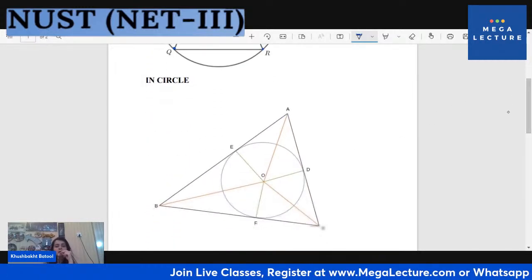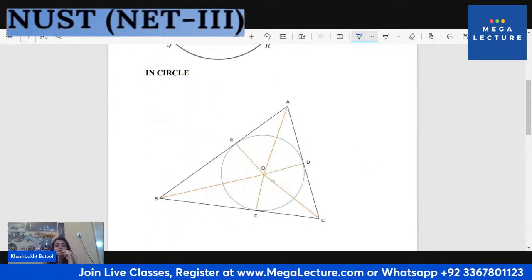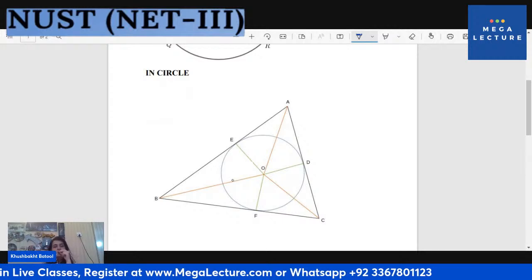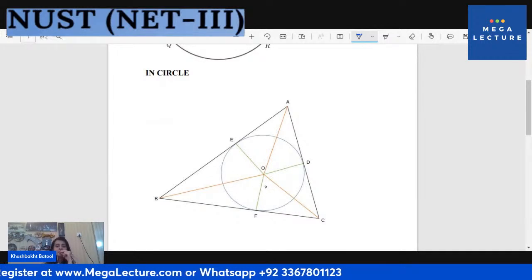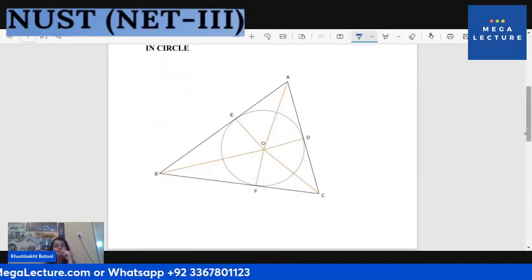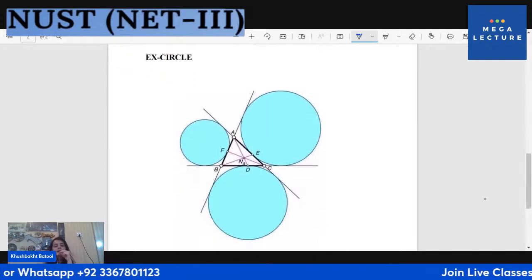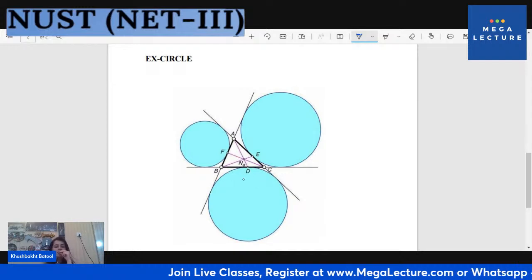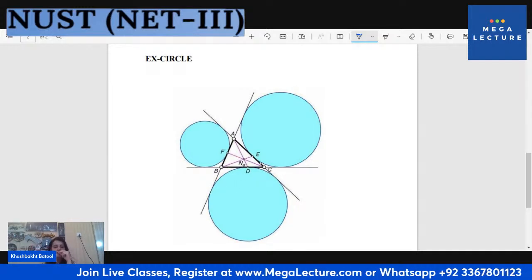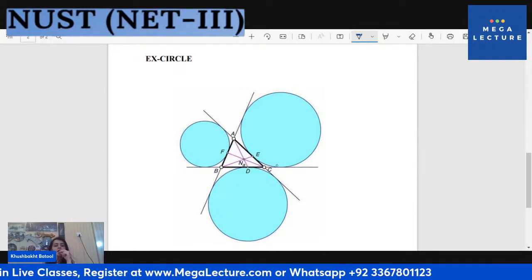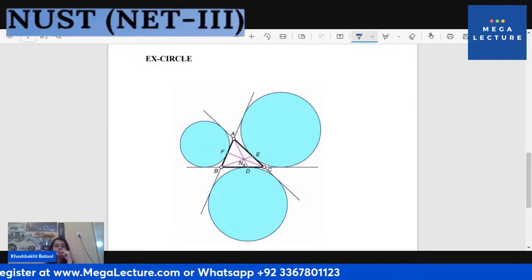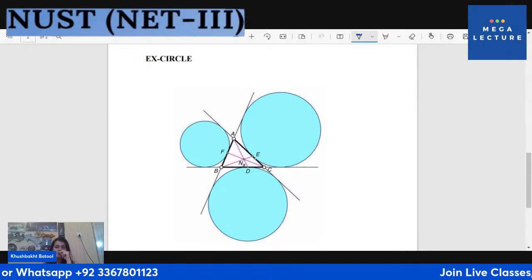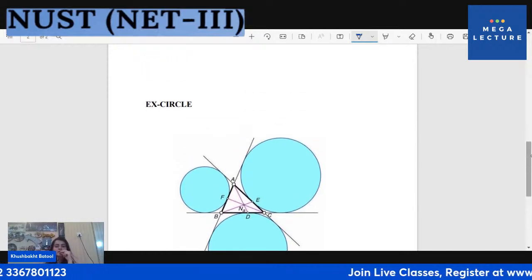Then if I talk about the incircle, this circle is made inside your triangle. That is why it is called the incircle. And then we have the excircle. A, B, C is a triangle. It has three sides, so we have three circles, and all of them are excircles because each circle is touching one of the outer sides of the triangle. I hope this concept is clear.